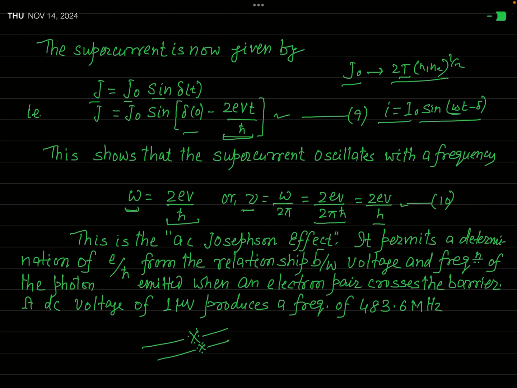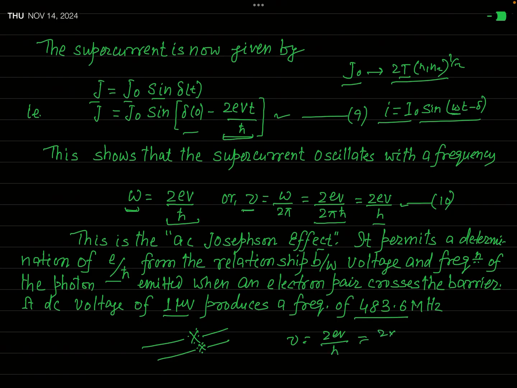Already I have stated earlier that this result permits us to determine e over h bar from the relationship between voltage and frequency, as you can see. This is the frequency of the photon emitted when an electron pair crosses the barrier, and a DC voltage of 1 microvolt produces a frequency of this much. You can calculate this value by the formula nu equals 2eV over h.